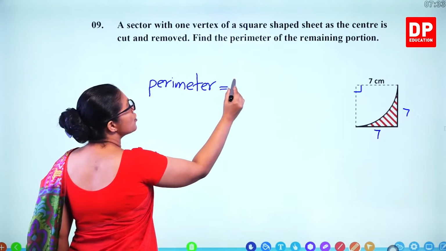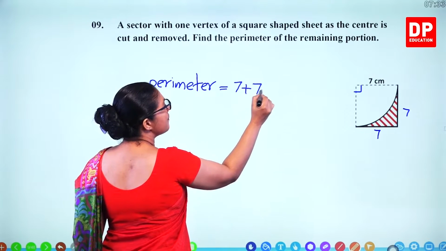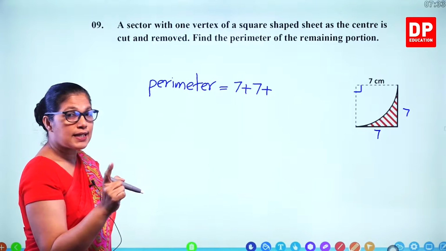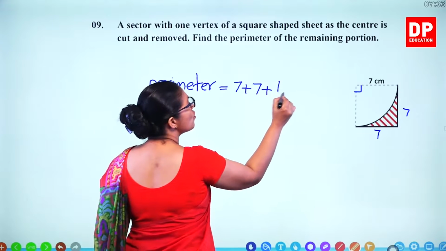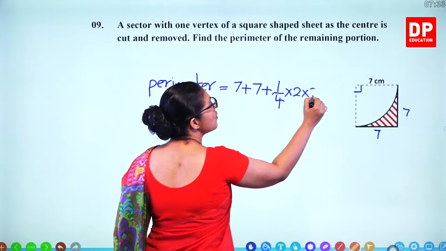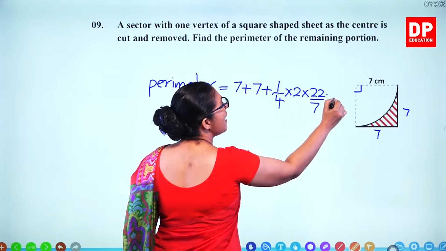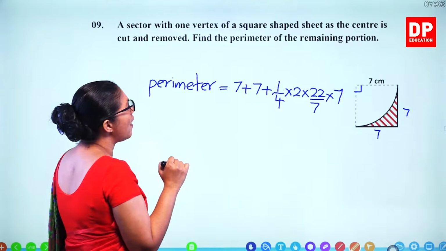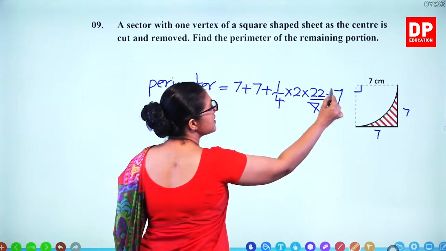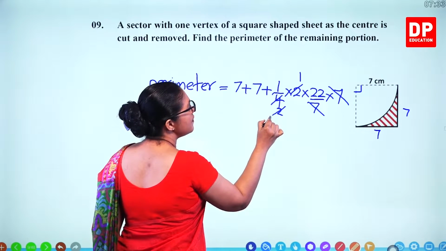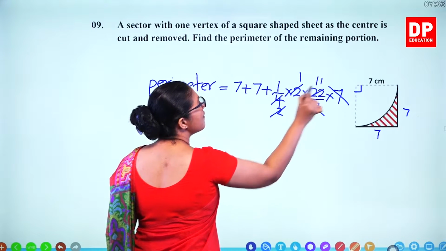So what do you get? 7 plus 7. Then what's the arc length? This is a quarter of a circle. 1/4 into 2 pi r. For pi we take 22 over 7 and r is the radius, so that's 7. Now simplify. 7 gets cancelled out and 2 times 1, 2 times 2, and this one you get 11.